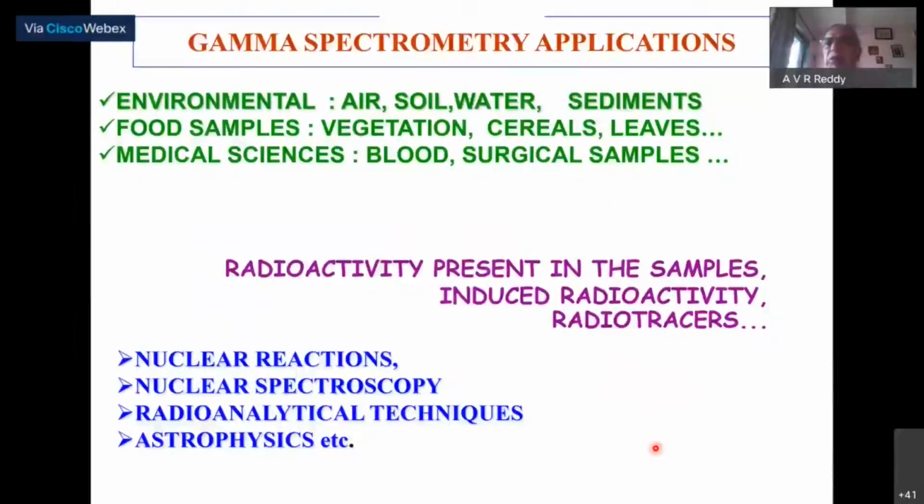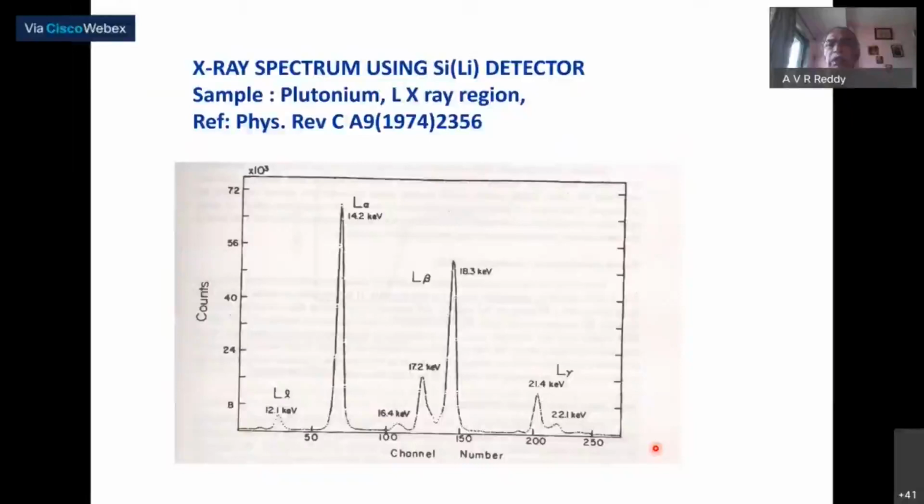Now you think about the X-ray spectrum. This is a plutonium L X-ray region. Here also, silicon gives extremely good resolution. You can see all the X-rays, and they can be quantitatively related to plutonium concentration. Both in gamma ray spectrometry and X-ray spectrometry, there is an internal calibration. For the same isotope, we may get 2-3 signatures, which will give internal cross-checking, internal validation.